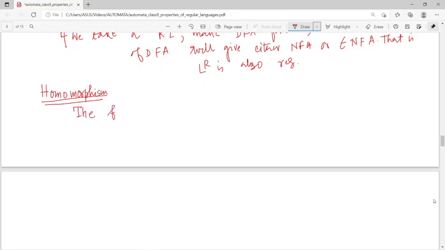The thing is that the function, say h, is the homomorphic function. This is sigma, a set of alphabet, and that is another set of alphabet.